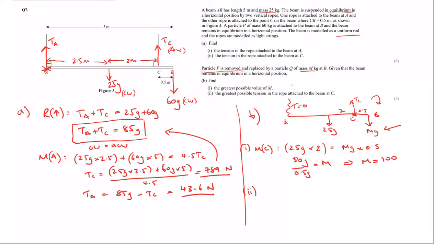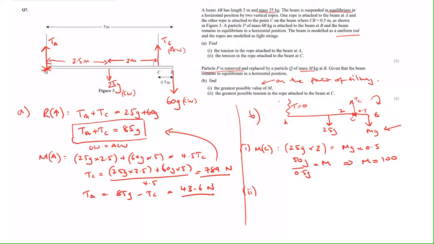And part II says to find the greatest possible value of the tension. Now the greatest possible value means as much weight as we can put down before it starts to tilt. Yeah, so before we are no longer in equilibrium. So that's on the point of tilting.